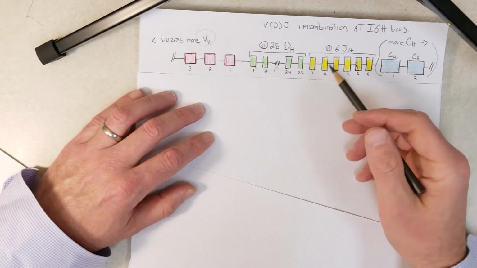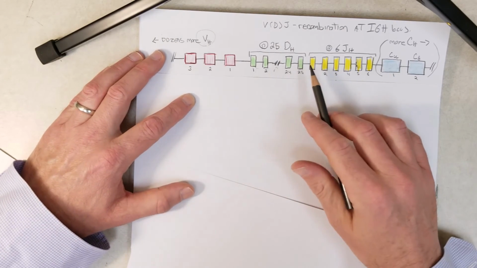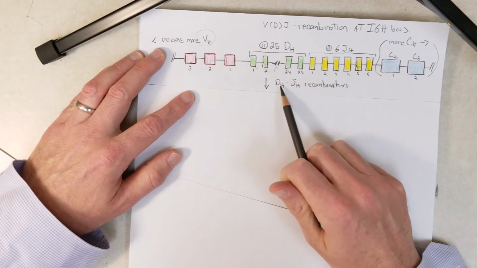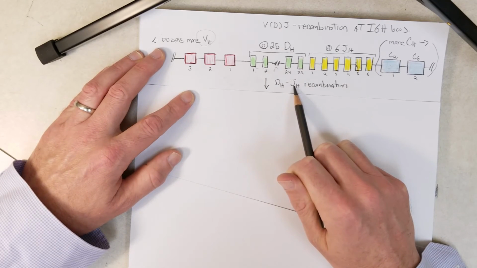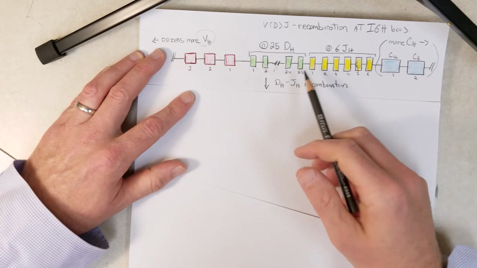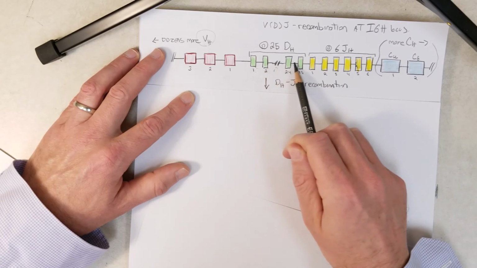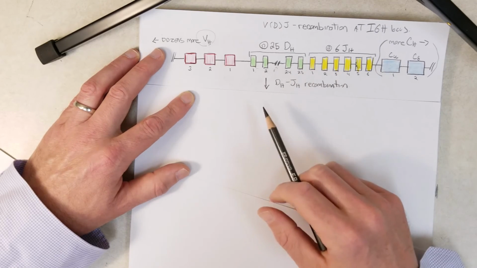Here is the IGH locus. The first step to rearrangement of the IGH locus is going to be DH to JH recombination. Essentially, the B cell is going to choose one of these right here to join to one of these over here.